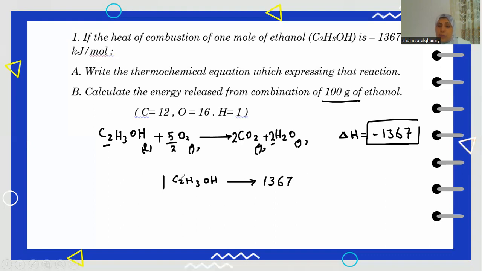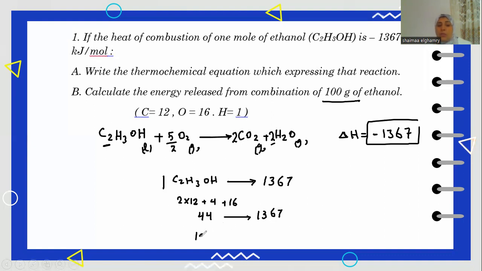So by grams, I'm going to convert 1 mole of ethanol into molar mass. It's 2 times 12, plus 6 hydrogen, plus 16. So 24 plus 6 plus 16 is 46. So 46 grams of ethanol produces 1367 kilojoule.